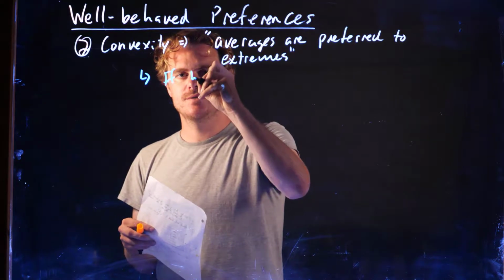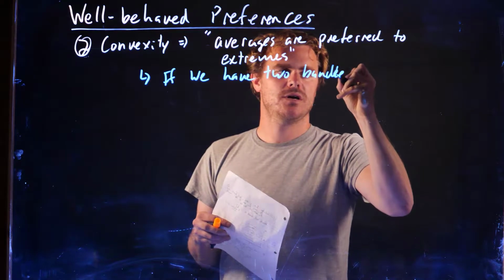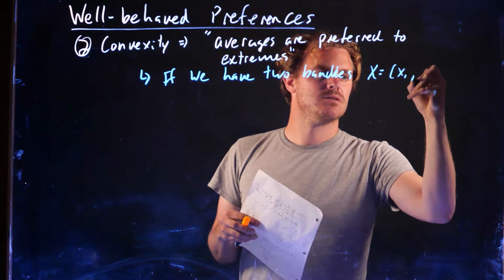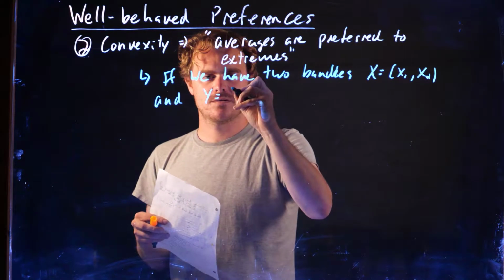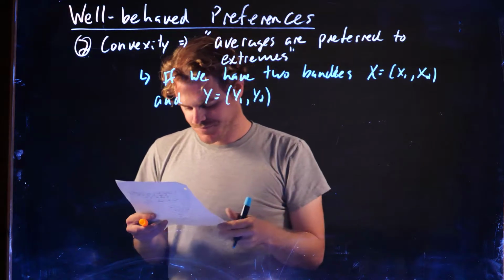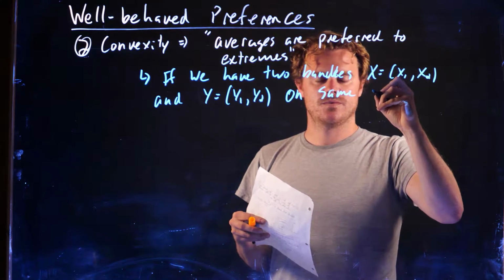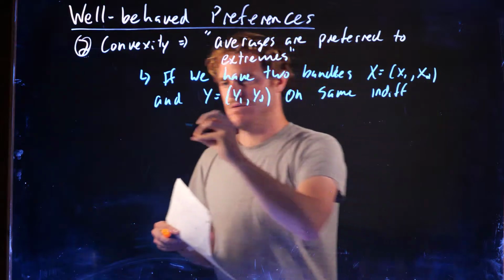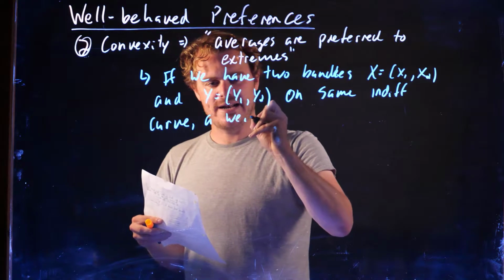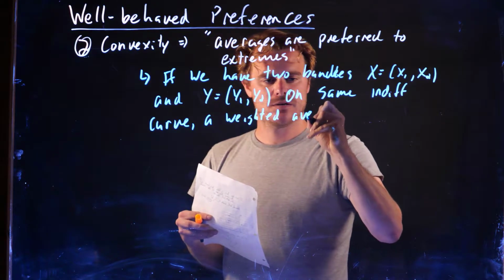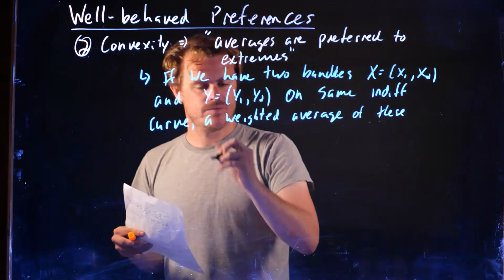So if we have two bundles, again, let's say bundle X and Y, on the same indifference curve, then a weighted average of these two bundles is preferred.